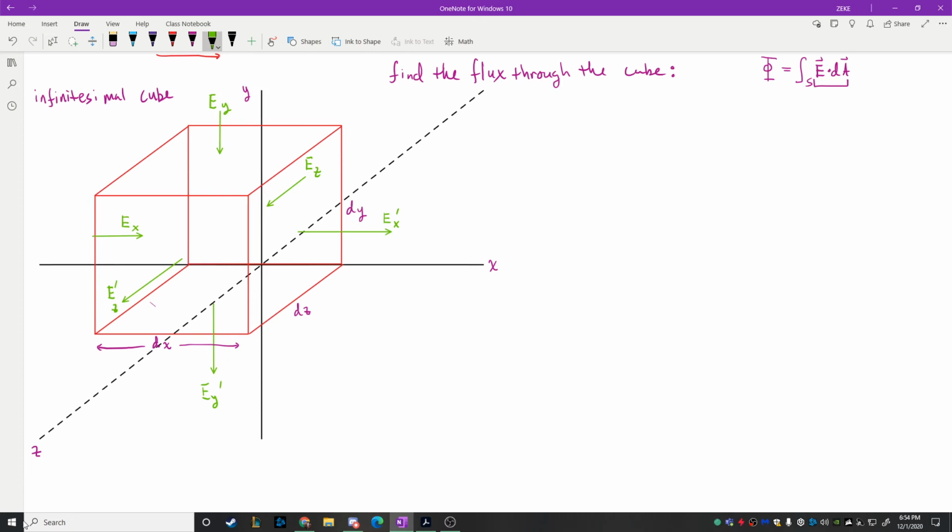the Ex version first. Remember that flux is positive when it goes out, and negative when it comes in.